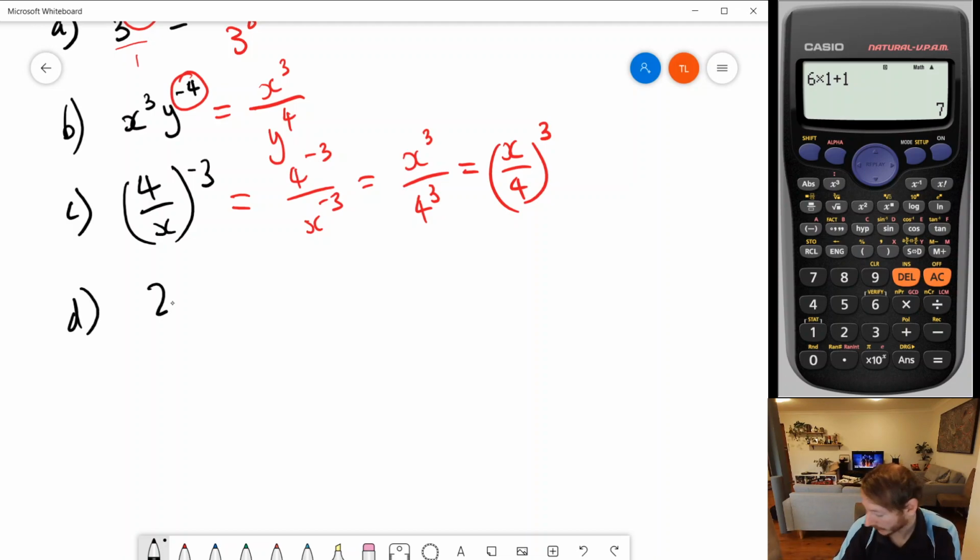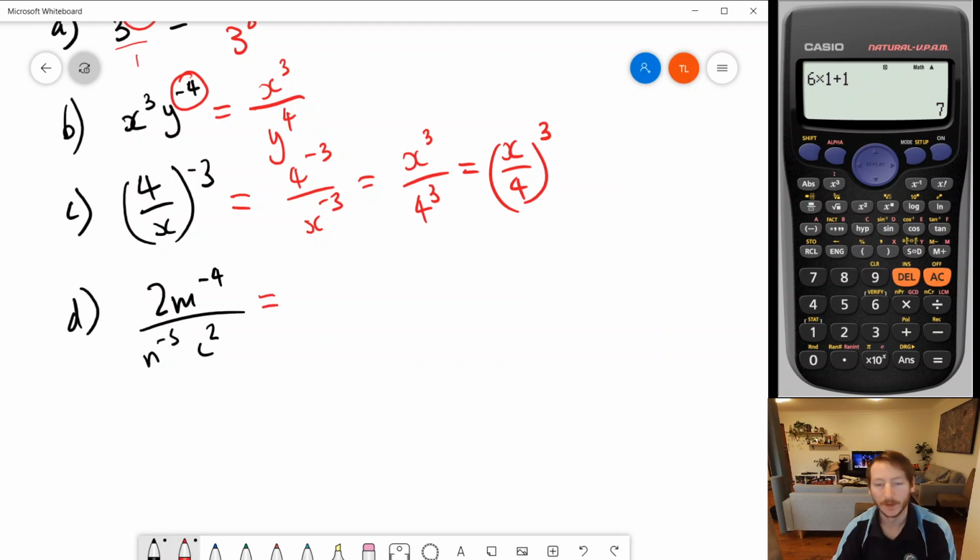Let's say 2 m to the negative 4 over n to the negative 5 and c to the power of 2. Well, first of all, what's really tempting to do is connect this negative 4 to the 2, but it's not. There would be brackets around them if it were, but we don't have those.